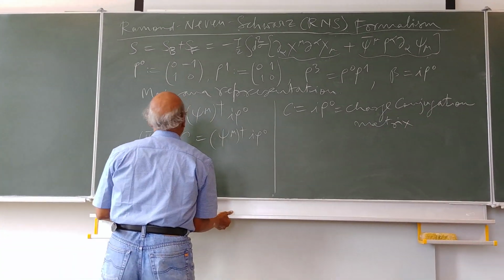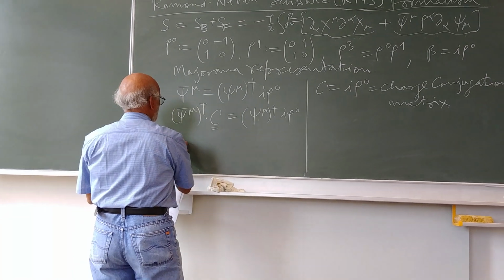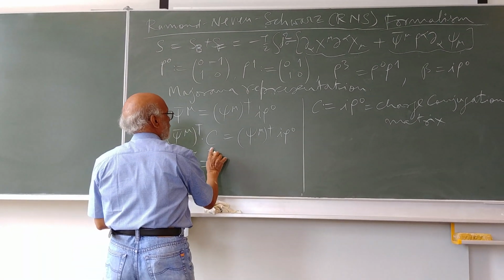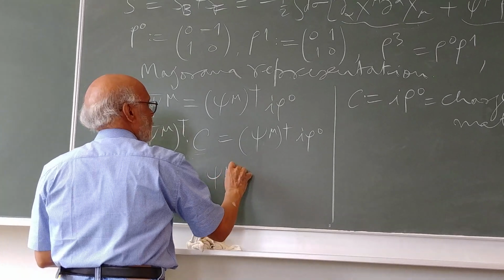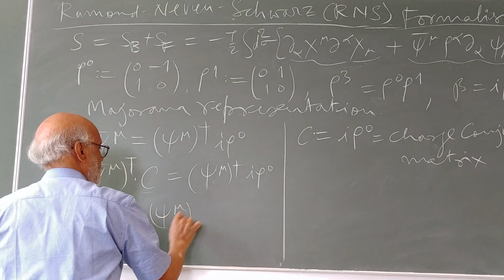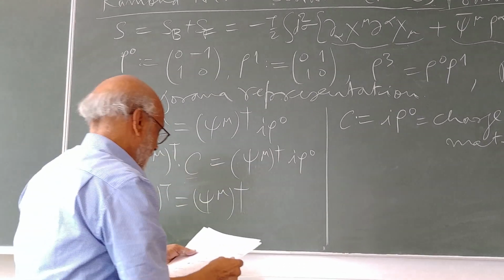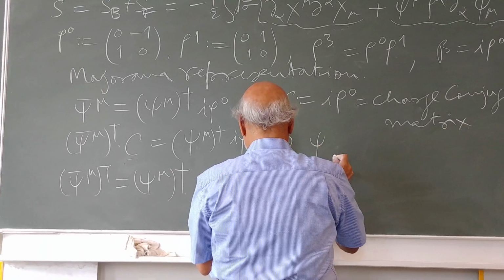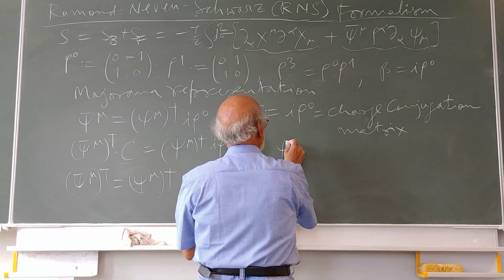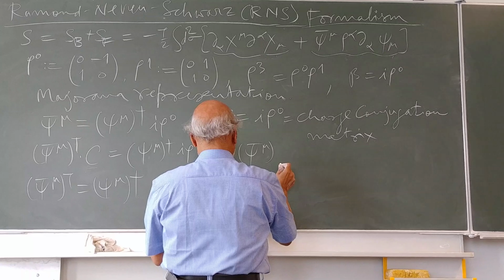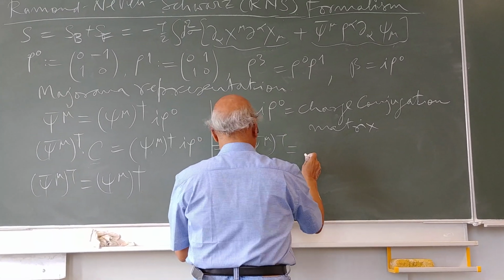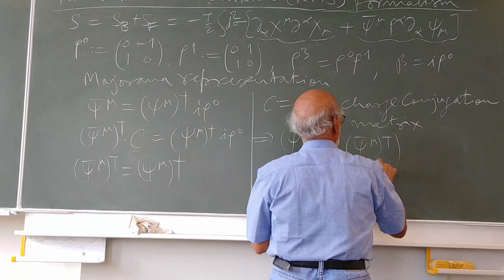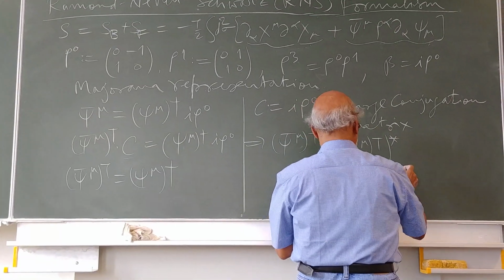If you have that, then you can see from here that psi mu transpose is just equal to psi mu dagger, and actually it amounts to psi mu transpose being equal to psi mu transpose complex conjugate.